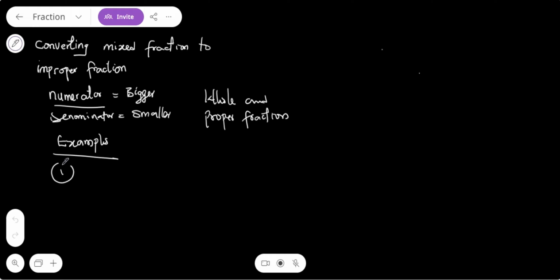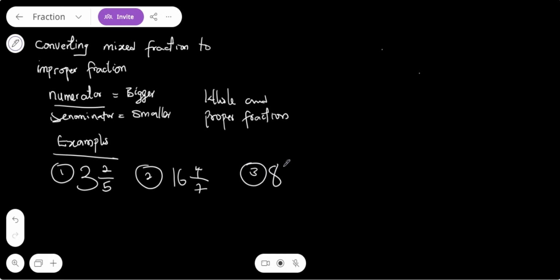Number one, we have 3 whole number 2/5, right? Another example, 16 whole number 4/7. And then one more example, 8 whole number 2/3.